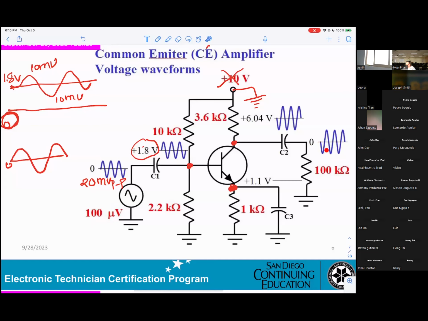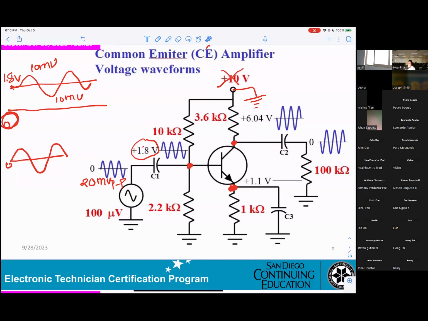Because of C2. Perfect. C2 is DC blocking. That means C2 is blocking; 6.04 cannot go through. Basically, your voice goes to the speaker, you don't want any DC. I hope you can understand.